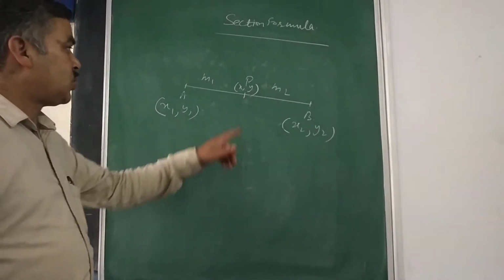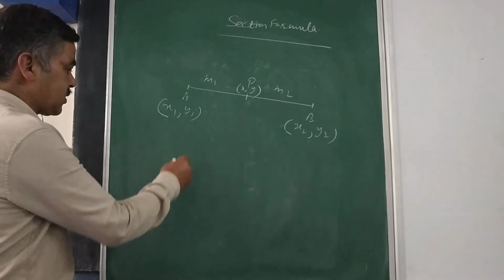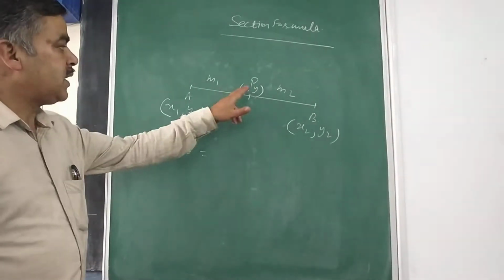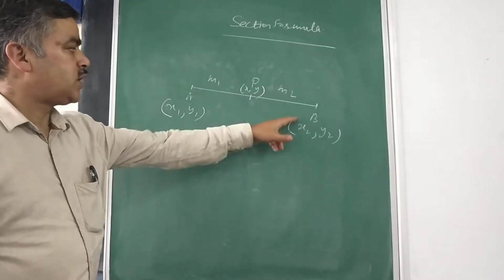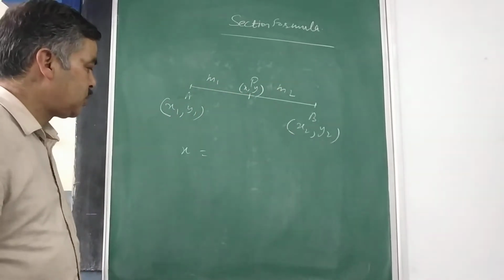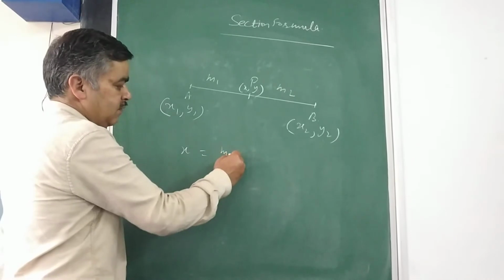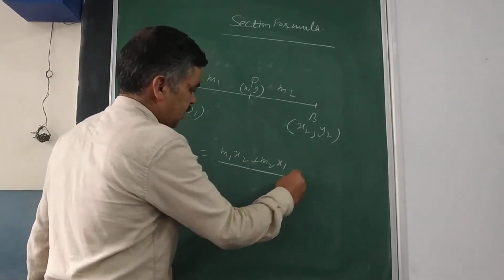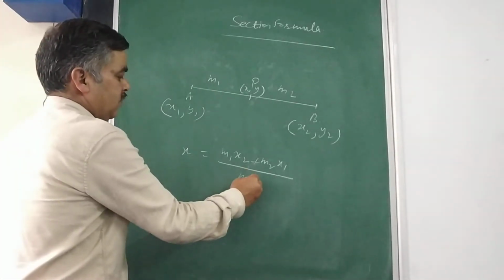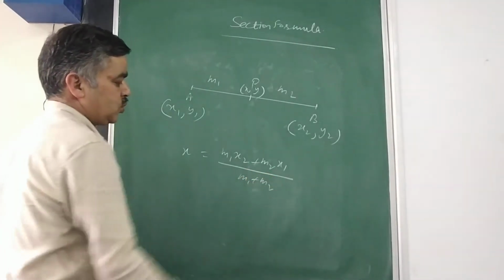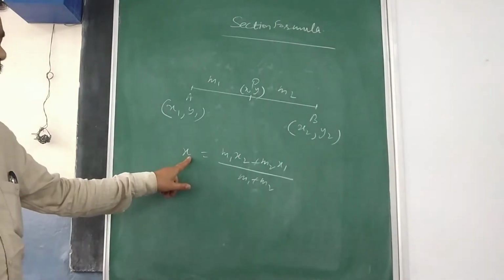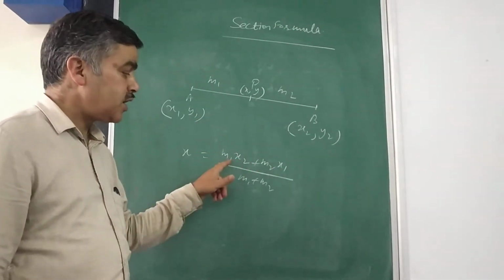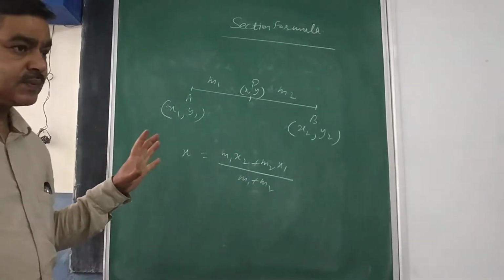Suppose I have to determine the value of x, that is the abscissa of P, which divides the join in the ratio m1 to m2. So this will be (m1 x2 plus m2 x1) divided by (m1 plus m2). Whenever I am talking about x, I use the formula in terms of x, m1 and m2.